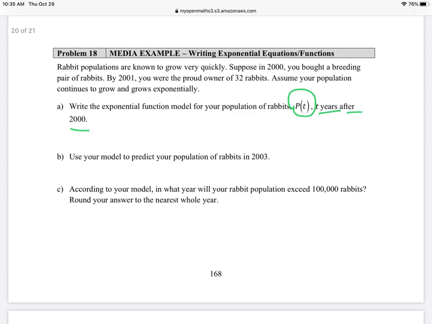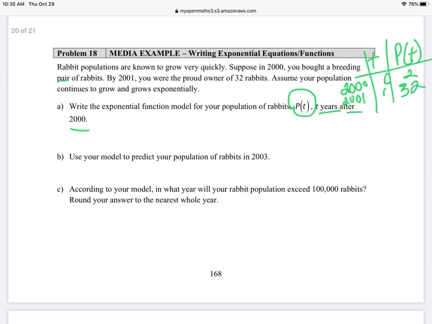So to be able to write an exponential function model, we need to know some information that's given to us in the problem. So let's see what we know about t and P of t. What we know is that in 2000, which would be a t of 0, because that's 0 years after 2000, you bought a breeding pair of rabbits. Pair means you bought 2 rabbits. By 2001, which would be 1 year after 2000, so that means a t of 1, you then owned 32 rabbits.